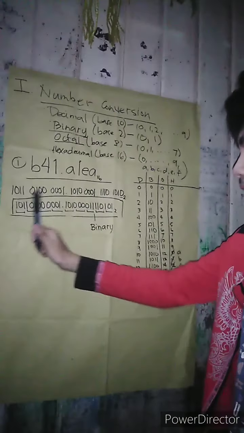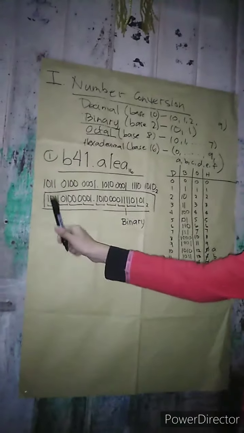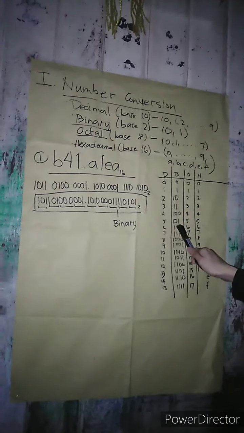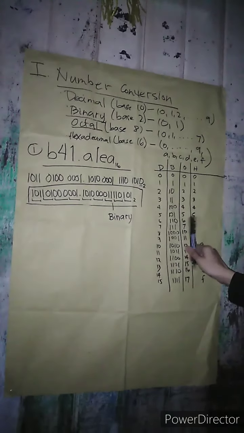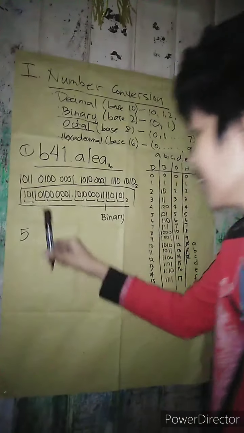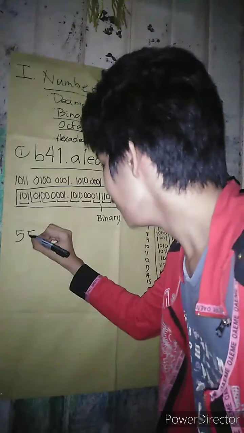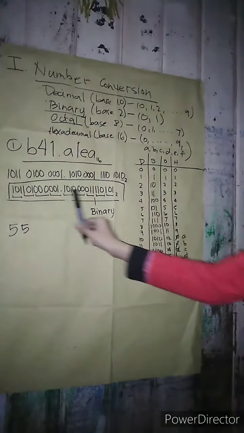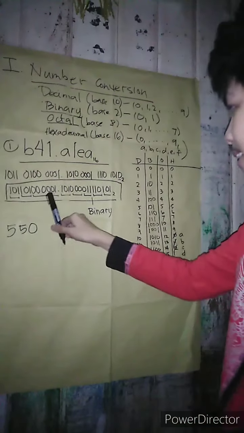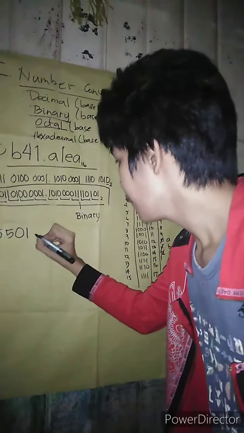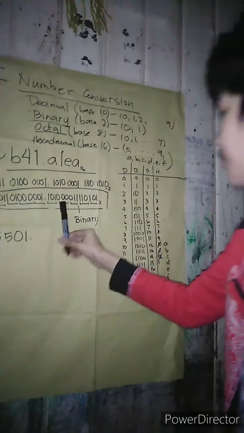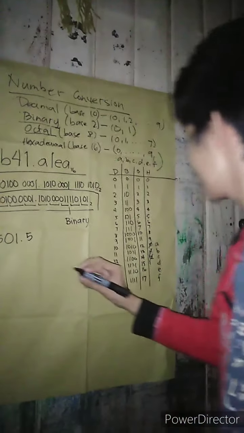So, in converting this one into its octal equivalent, we will take the value of this one. 101 is 5. 000 is 0. 001 is 1 point. 101 is 5.